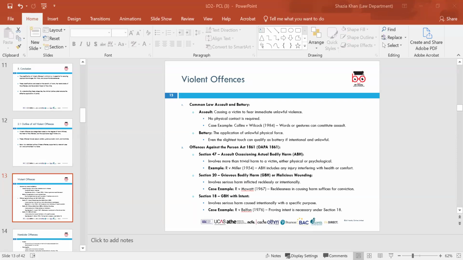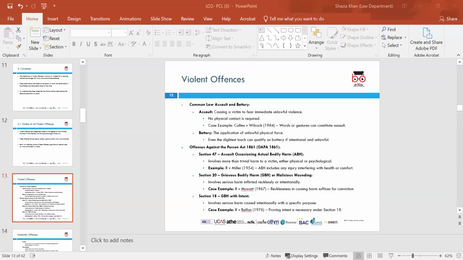Next one is battery, which involves intentionally or recklessly applying unlawful force to someone. It can include any infringement of personal autonomy, no matter how slight the contact, and it can be tried in the magistrates' court.